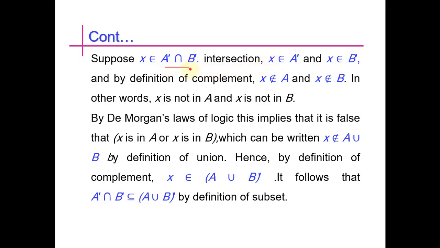So by using the intersection, we see that x belongs to A complement and x belongs to B complement, and by the definition of complement, x does not belong to A and x does not belong to B. In other words, x is not in A and x is not in B. By using the law of equivalence through De Morgan's law, we see that it is equivalent to say that it is false that x is in A or x is in B, which can be written as x does not belong to A union B.